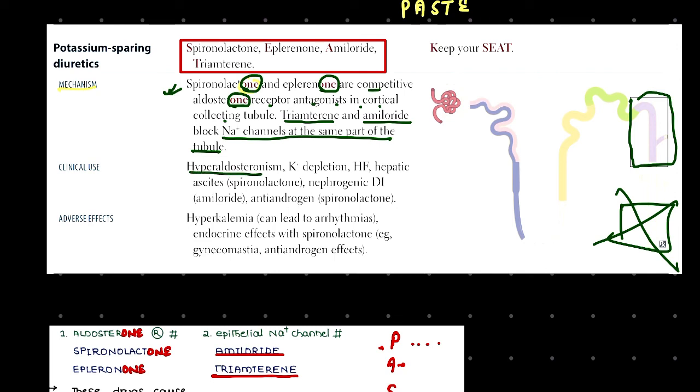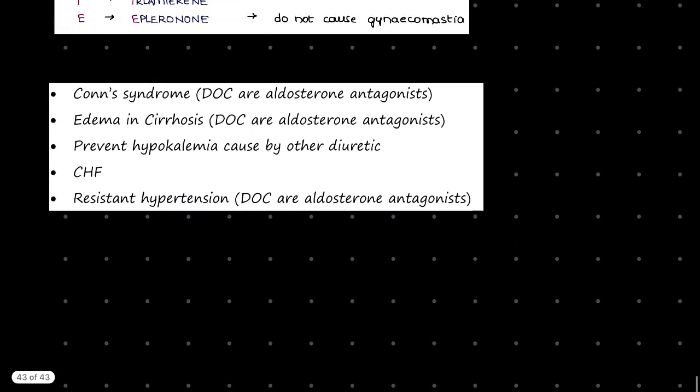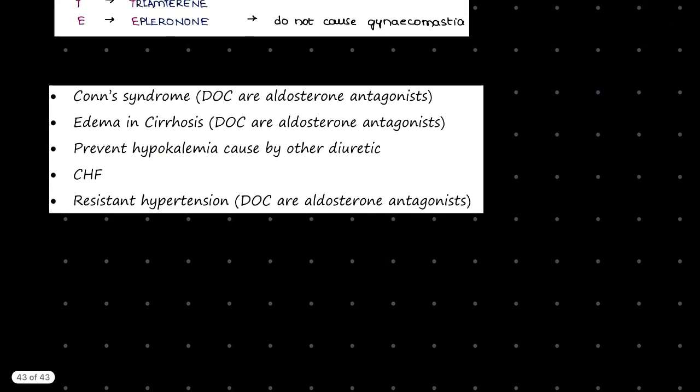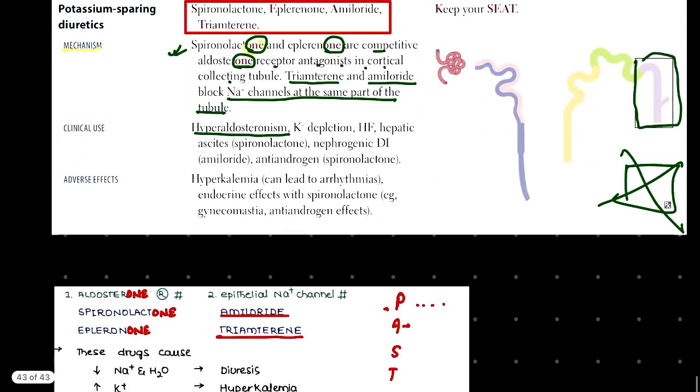aldosteronism. We studied hyperaldosteronism in Conn syndrome, and similarly in edema in cirrhosis. These were the two things that we studied.